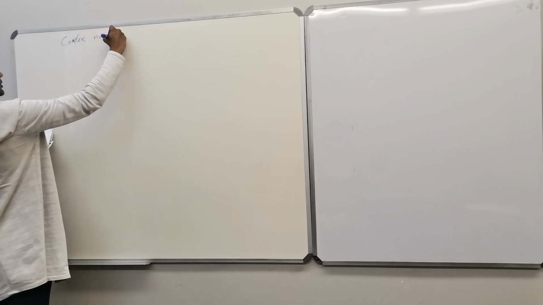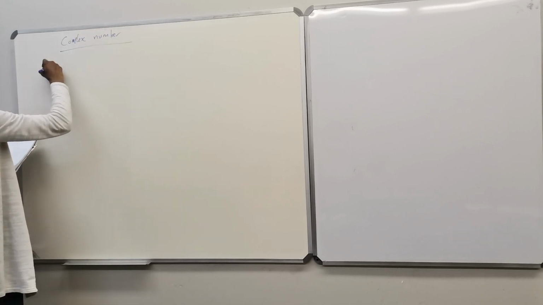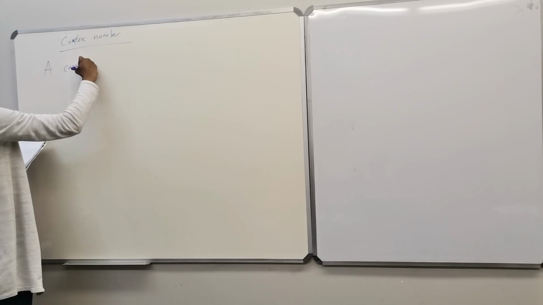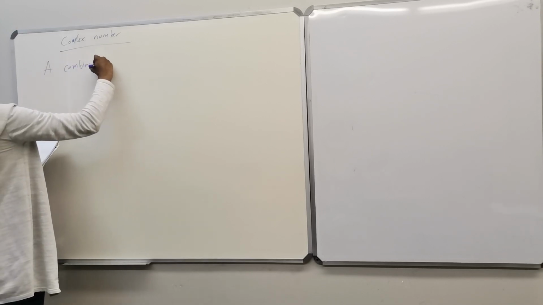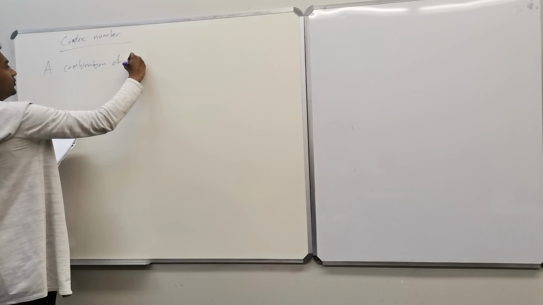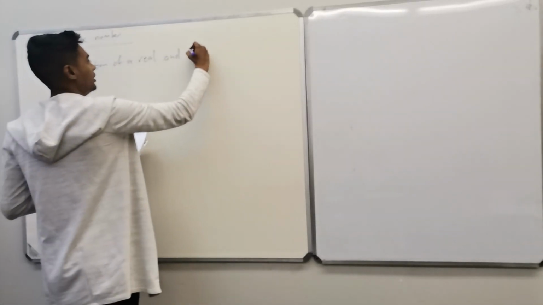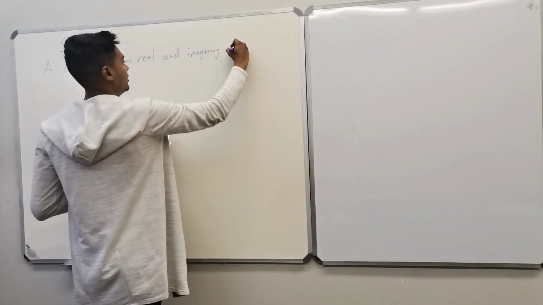A complex number is a combination of a real and an imaginary number.